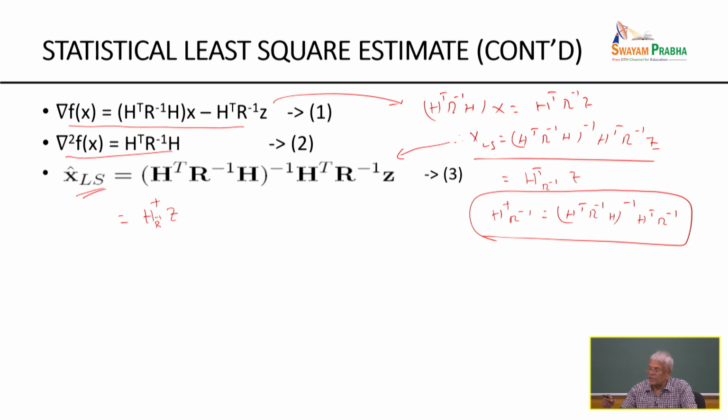From here, I can also get the projection matrix. The projection matrix is P_H R inverse. This is equal to H H plus. So this is the oblique projection. It is idempotent but not symmetric. Please verify.